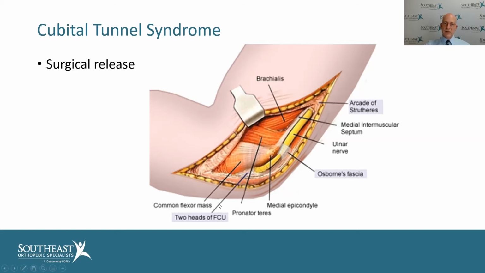But we can see the ulnar nerve running along the inner part of the elbow, behind the knob on the inner part of the elbow, the medial epicondyle, running through a ligament, and then through the flexor carpi ulnaris muscle, which is right in through here. A decompression would be a decompression from all the way in the back of the elbow here to the forearm just past the elbow, but this can be done through very minimally invasive means.